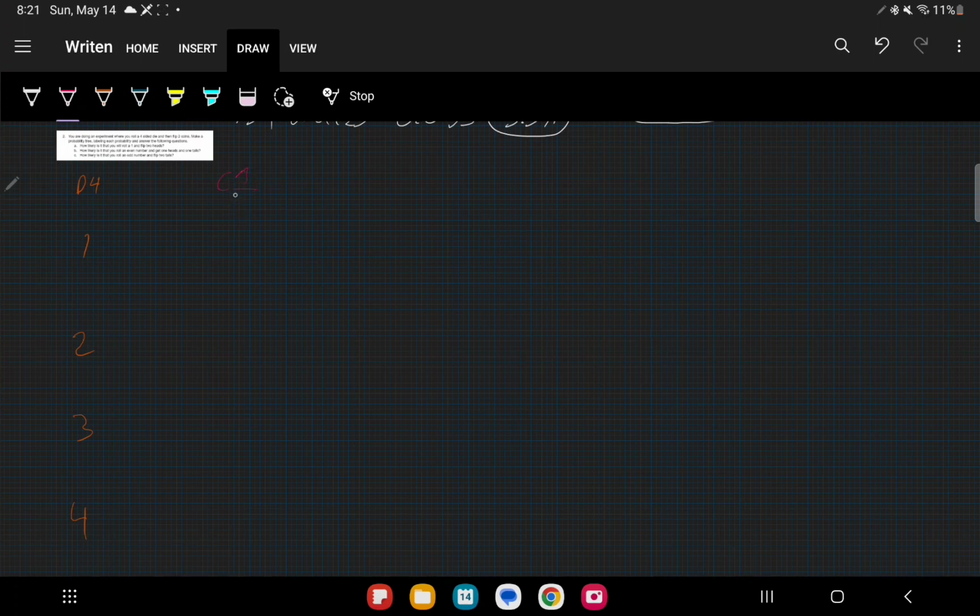C1. Why am I writing 1? We get heads, tails for 1. Good grief. Heads, tails for 2. Heads, tails for 3. Heads, tails for 4.